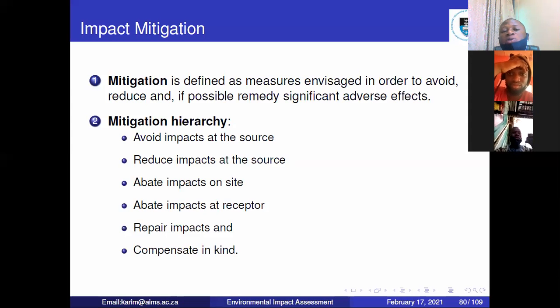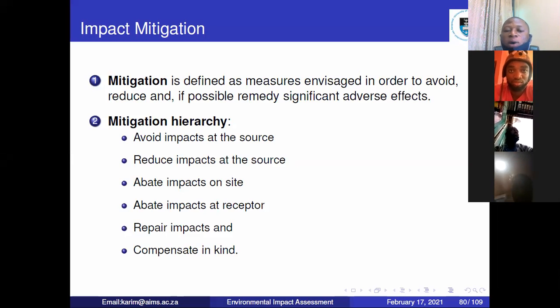And all this we are doing in order to see how best we can mitigate or reduce the impact of a project on the environment. If we are able to identify the impact that a project is going to have on the environment, then we will be able to formulate measures to either reduce, stop, avoid, or pay in kind, or whatever.